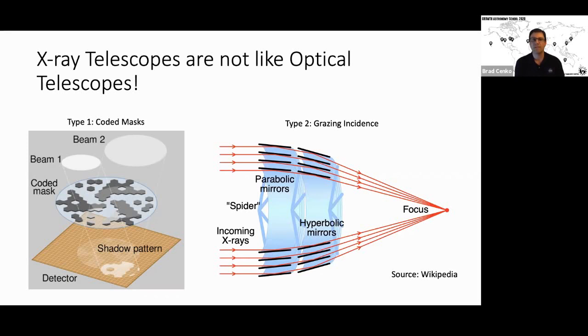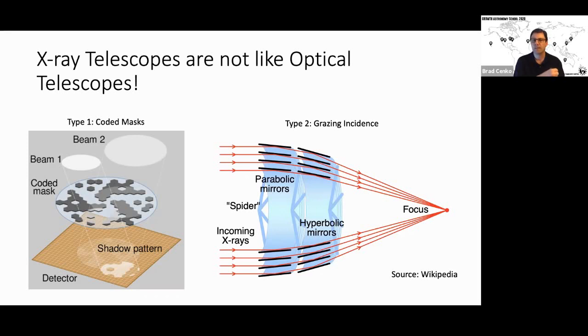And so you have effectively two options if you want to observe the X-ray sky. The first you can see over on the left here is what we call coded masks. And so this idea is quite creative. If you think about, you have a sort of mask or imaging plane that you populate with absorptive materials, small tiles, for example, of lead.